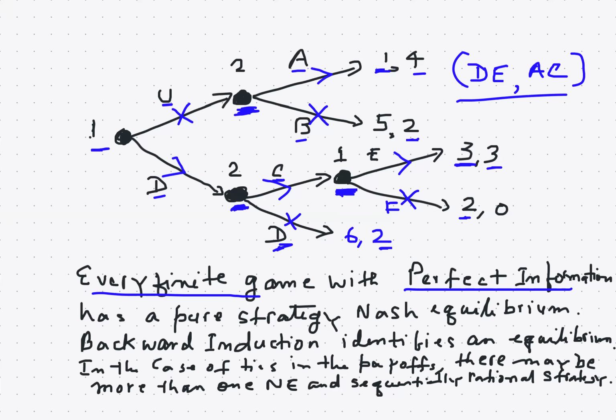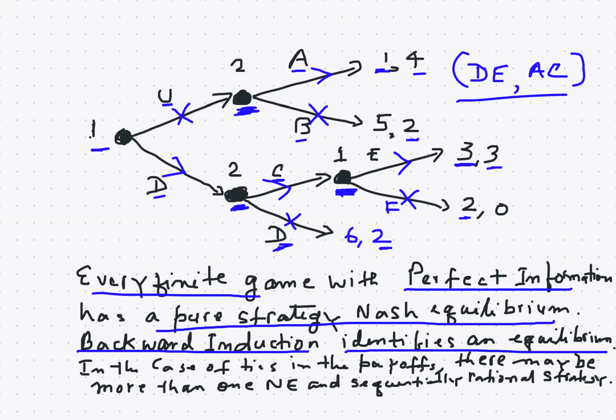Here we have singleton information sets, so therefore this is a perfect information game. So every finite game with perfect information has a pure strategy Nash equilibrium. This is one of the results which can be proven, but we're not going to get into details of that here. So the backward induction argument identifies an equilibrium for every finite game with perfect information.